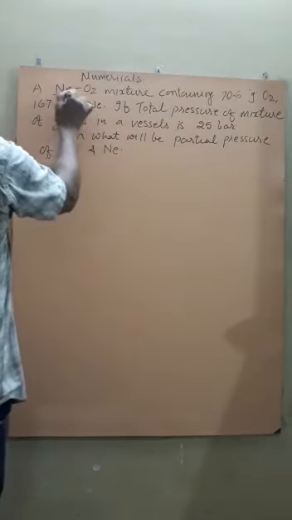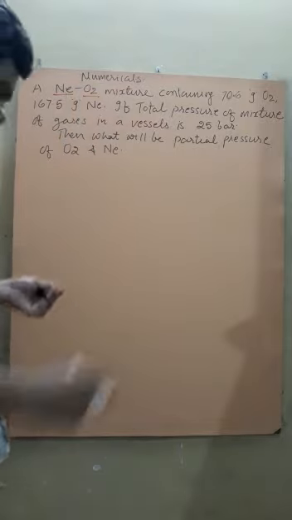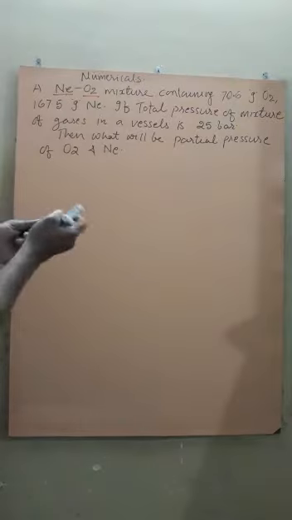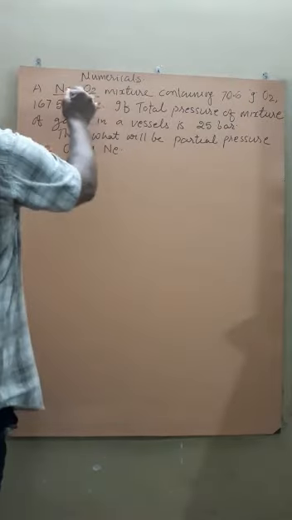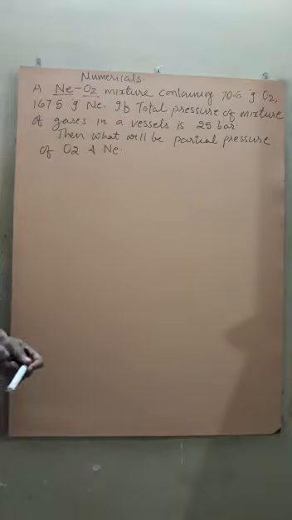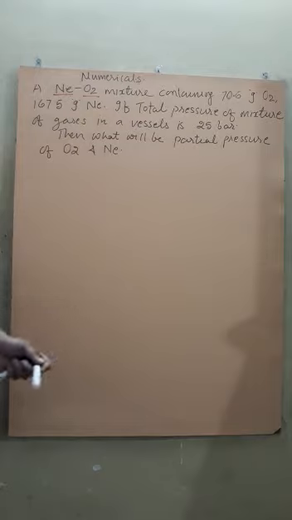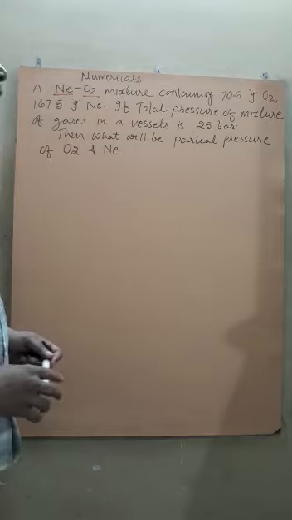Neon is an inert gas, and O2, although reactive, is non-polar. So if the mixture is filled in a cylinder, there will be no reaction between neon and oxygen. Therefore, these are non-reacting gases, so each gas will exert its own partial pressure, isn't it? This is the main phenomenon.